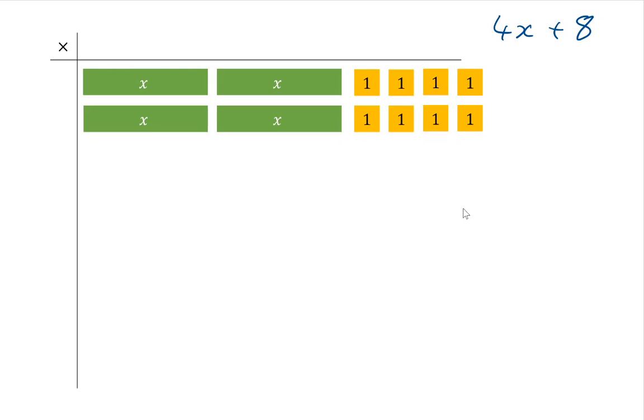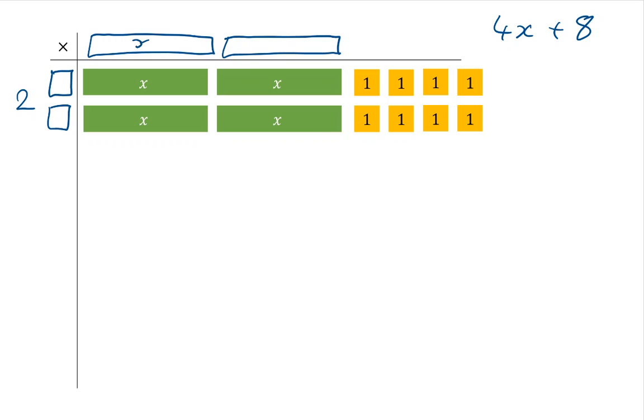And that's what we get. So we find that the height of this is 1, 2. These are the 1 block height, so we could have a 1 block there and a 1 block there. So in total, we've got 2. And across the top here, that's the same width as that x and that x there, which is a total of 2x. And we've got 1, 2, 3, 4 across there, 4 of these 1 blocks.